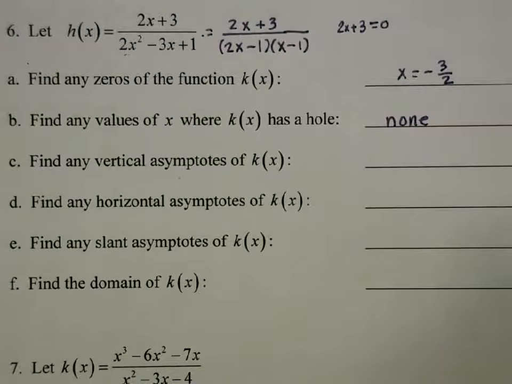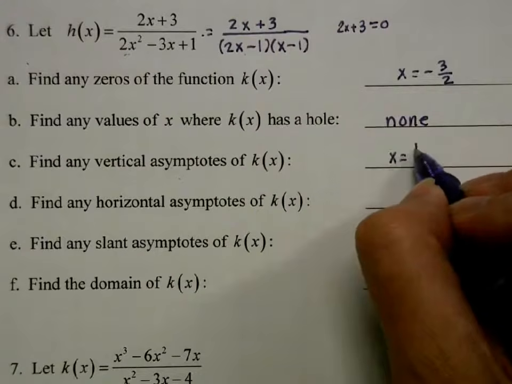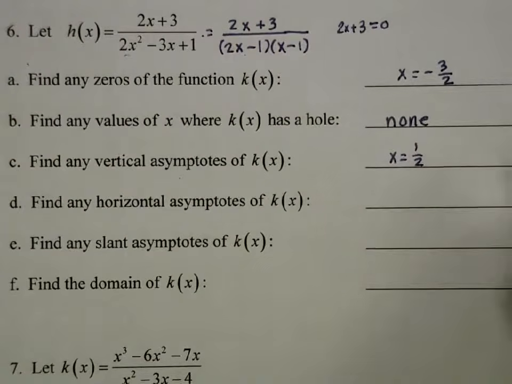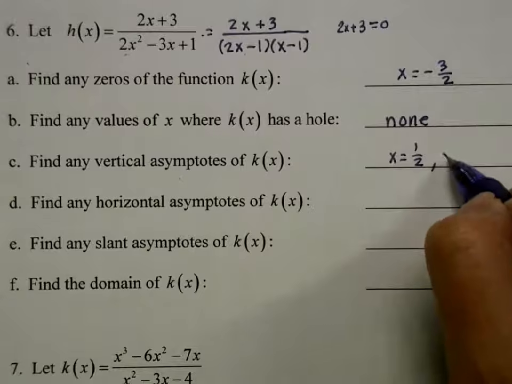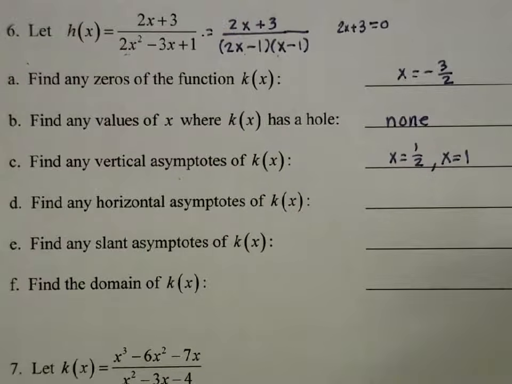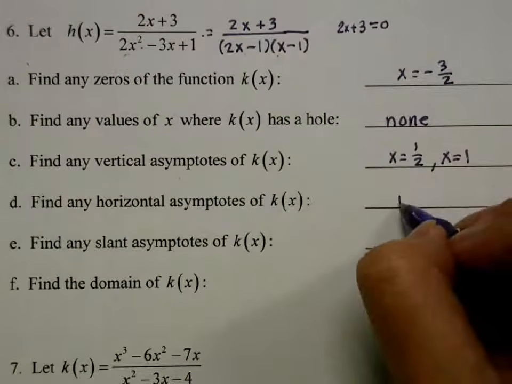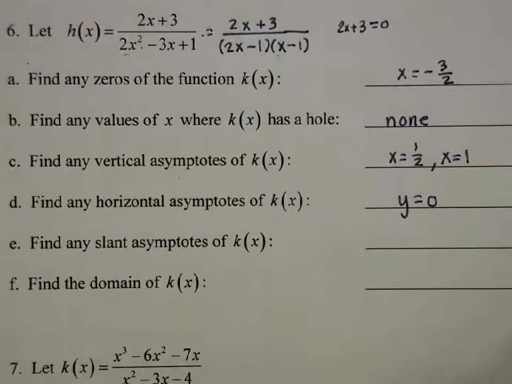The thing that makes that 0 is 1/2, and you can set up an equation to do that if it's not in your head. x equals 1 for that one. Horizontal, the degree is bigger on the bottom, so this one has a horizontal asymptote at 0. It does not have a slant asymptote.